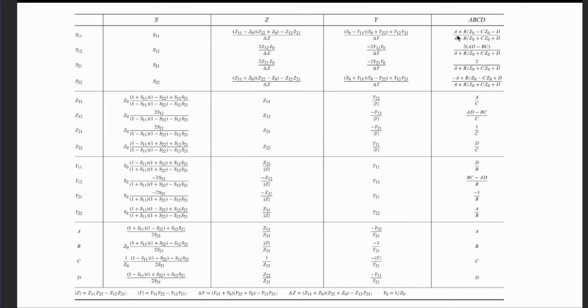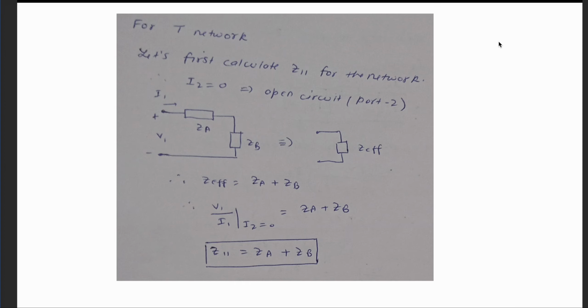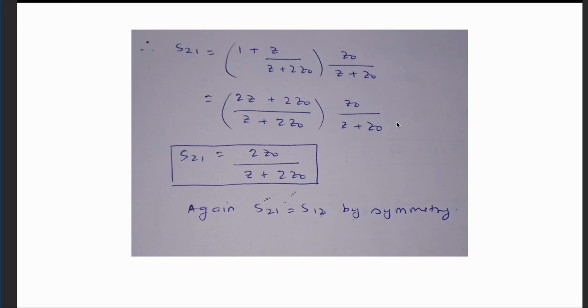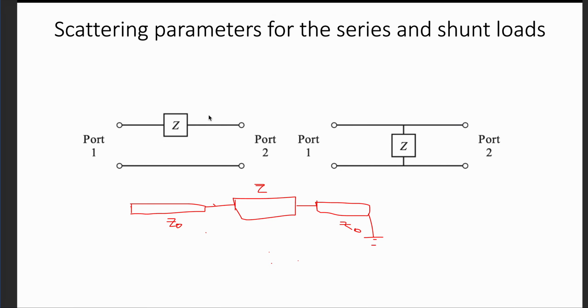Like S11 is (A plus B by Z0 minus C Z0 minus D) upon (A plus B by Z0 plus C Z0 plus D). So if you put the values of ABCD here, you can directly compute S11. And if you do that exercise, you will get the similar answer which we have got for S11, S21, S12 and S22.